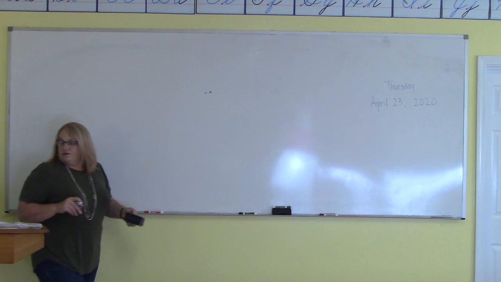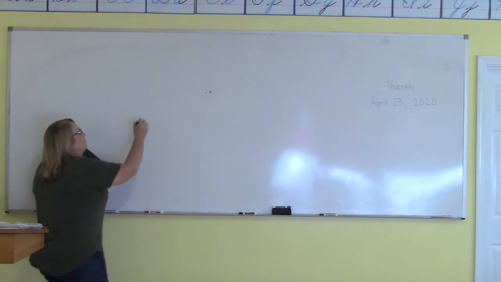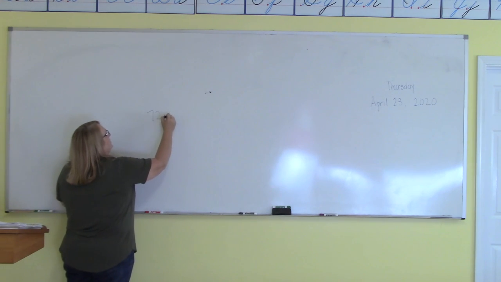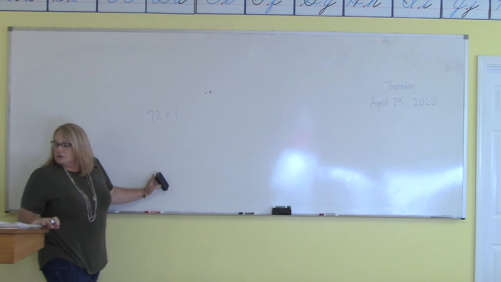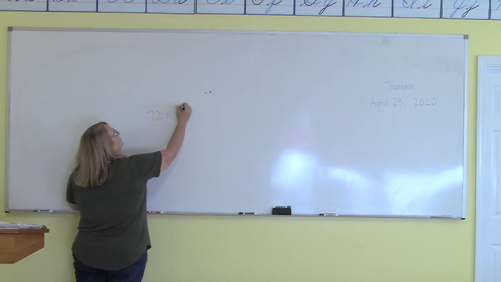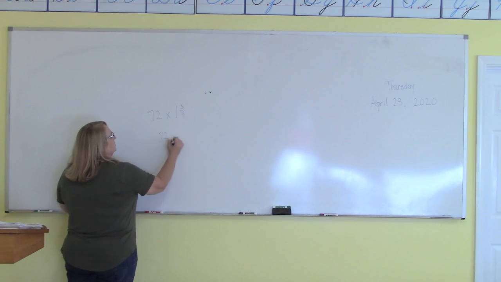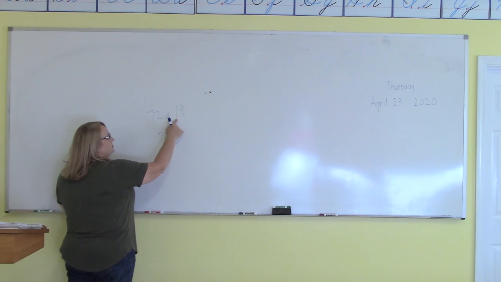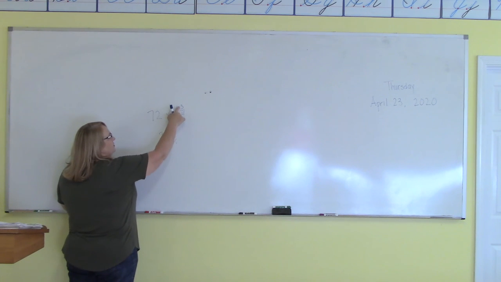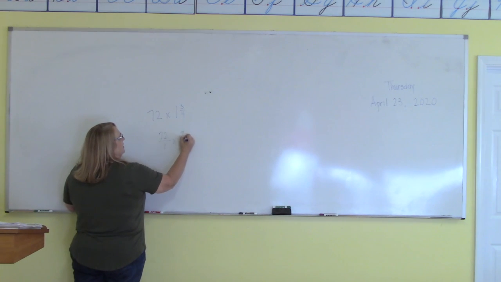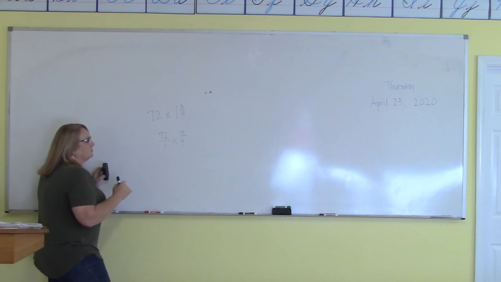All right, and F, we have 72 times 1 3/4. All right, 72 over 1 times 4 times 1 is 4 plus 3 is 7/4.